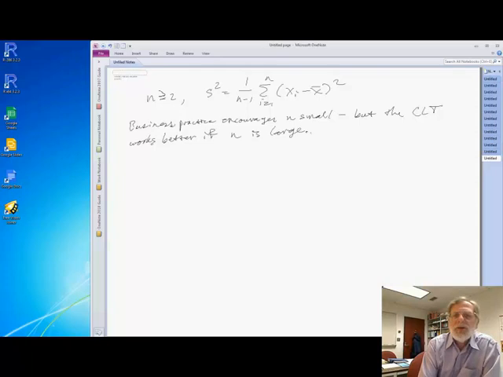So there's a tension right there between how we would prefer to operate, and what the assumptions are encouraging us to do.